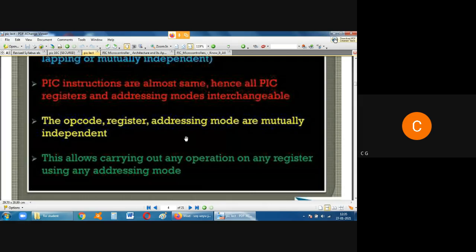Machine code will have three things that the programmer has to understand. First one is the instruction, which ranges from 00 to FF. Second one is the data. The data is also from 00 to FF. And the third one is the address.